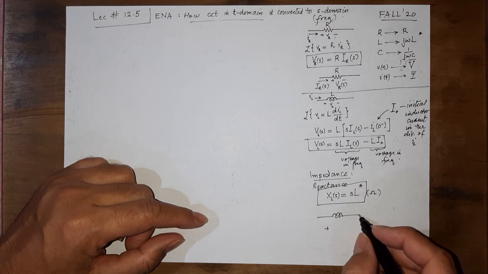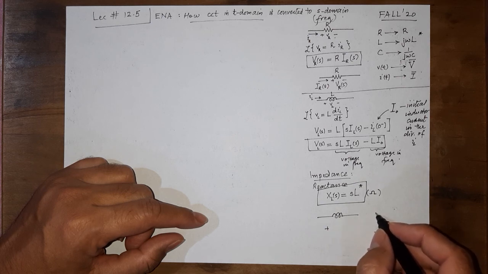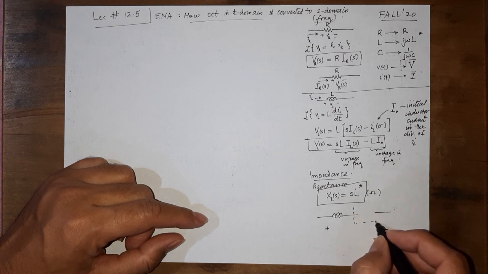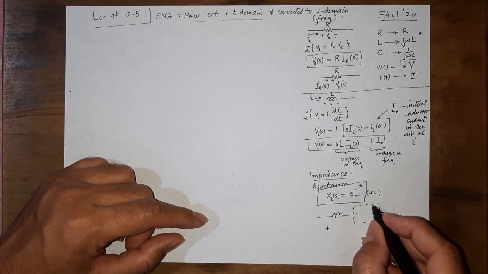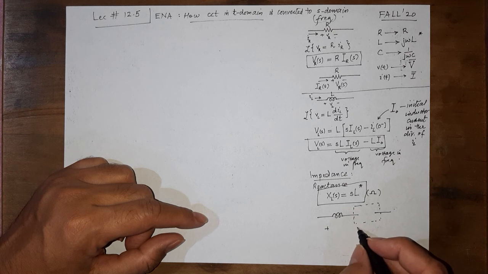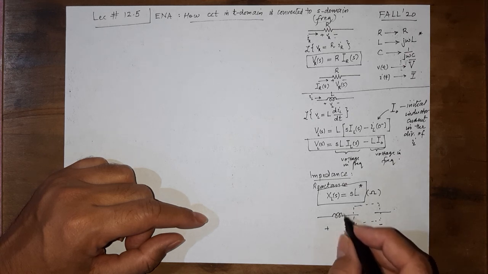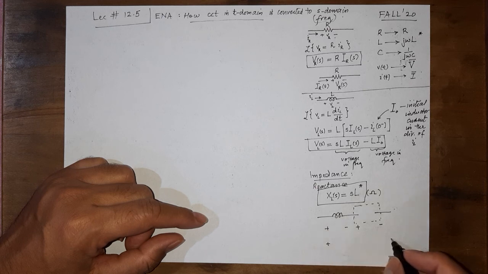So let us say we have something over here. What is that thing? Let me enclose it in a box for now. We have a box here, and there is some voltage across this one as well, and some voltage across this one, such that the overall voltage across both is VL of S.